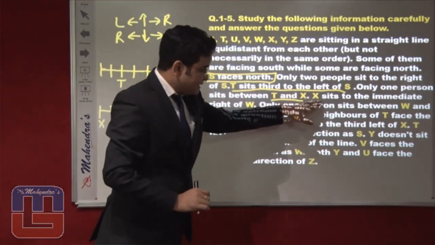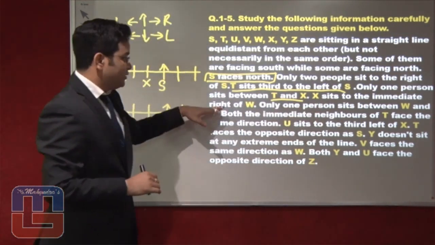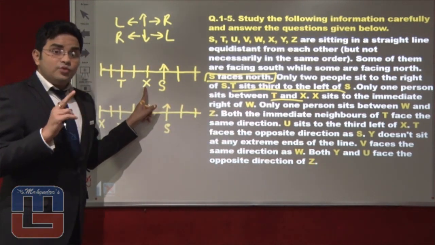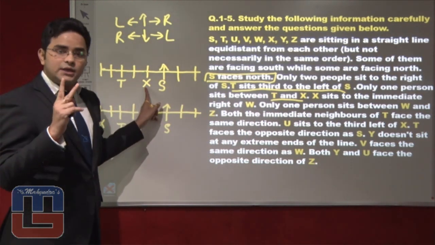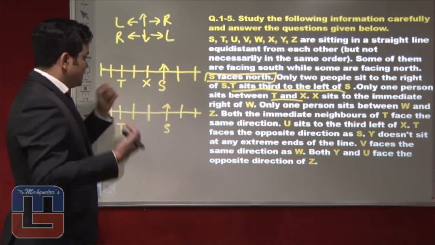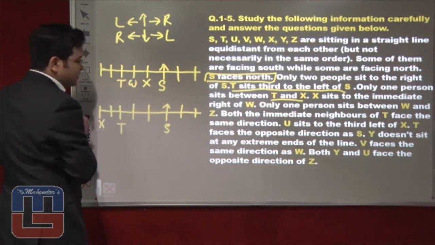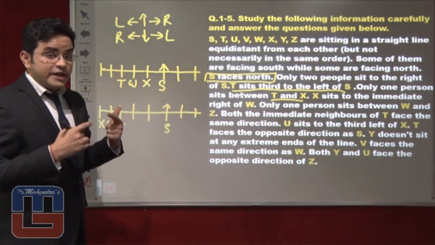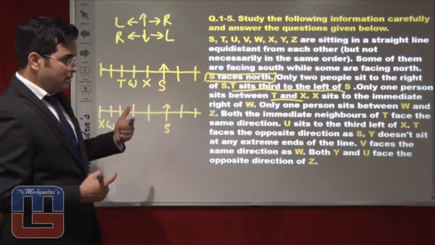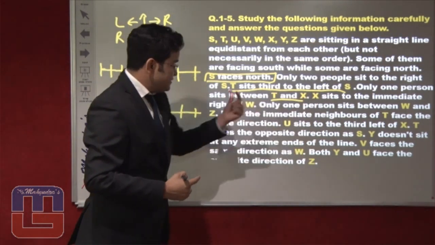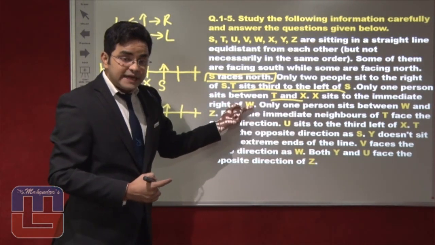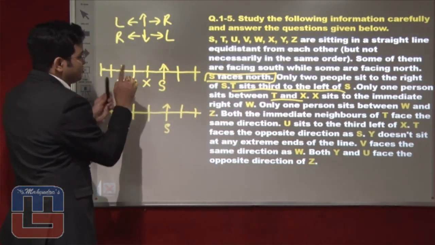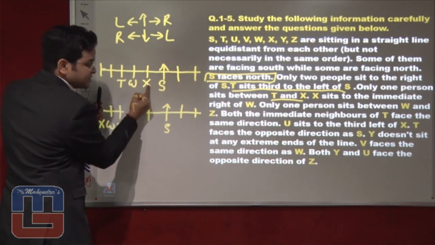Read out the next statement. It says that X sits to the immediate right of W. What does it mean? It means X and W are sitting together. So W is definitely going to be next to X. Here also W is going to be here. Now we will check. According to the statement, X sits immediate right of W. It will decide the facing of W. So for immediate right of W, if X is this side and W is facing north, then X will be on the right.